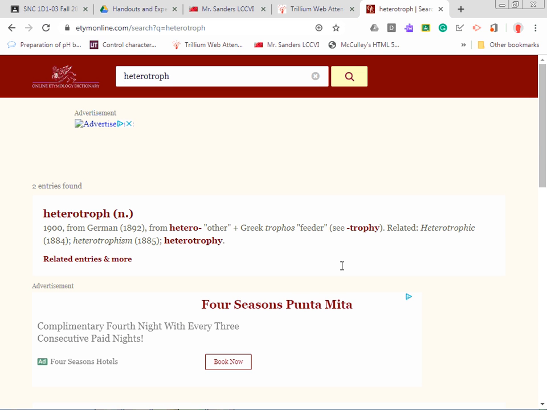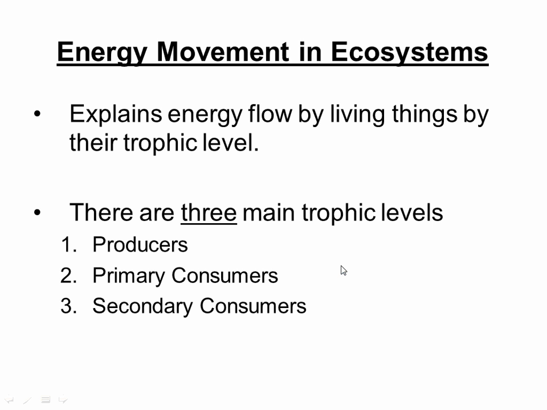So when we are talking about a trophic level, we're talking about a level of food, all right? I'm not talking about like a table full of food, but I'm talking about different ways in which we consume food in an ecosystem.